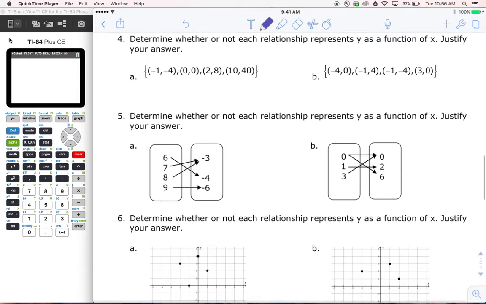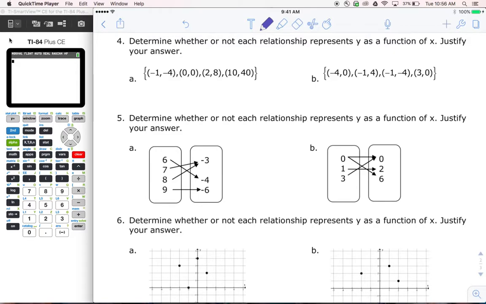Okay, example 4. We've got a bunch of points here. My brain doesn't do this very well, so whenever I get a list of points like this, I always make a quick table. So all my x's, let's see, I've got -1, 0, 2, 10, because the x is always the first one. So -1, 0, 2, and 10. And then the y's just go right next to it.